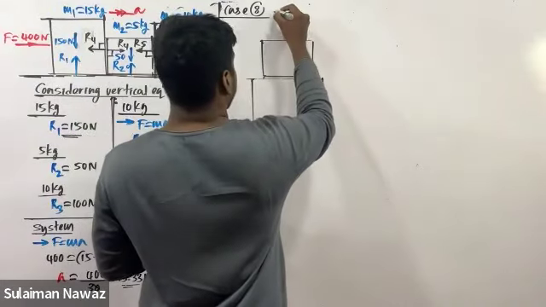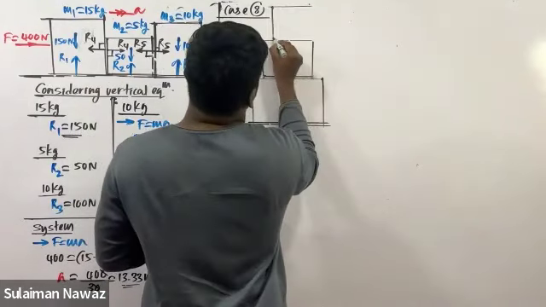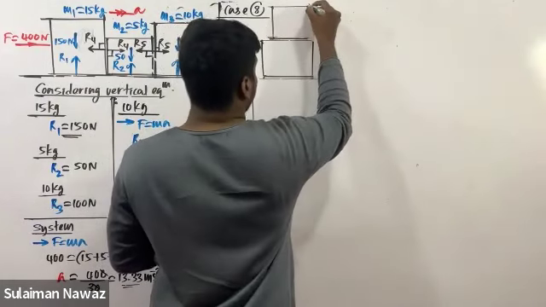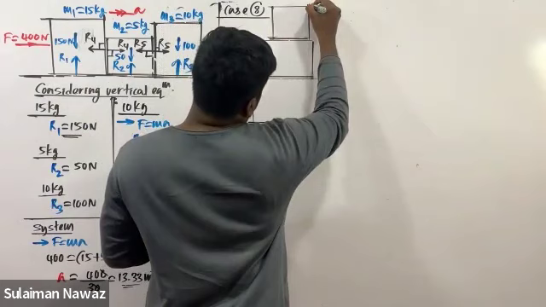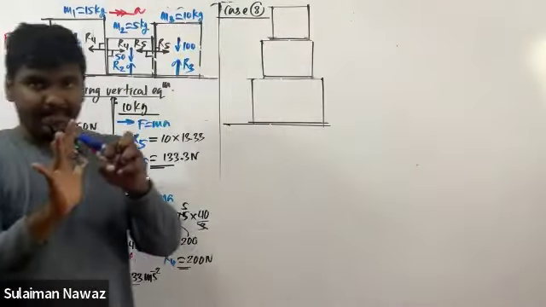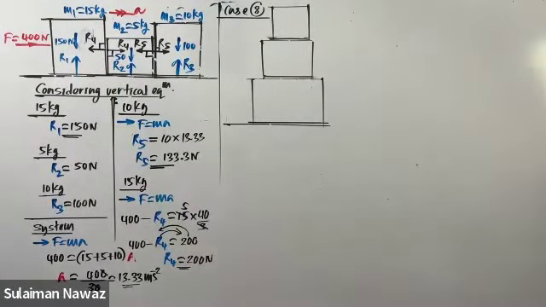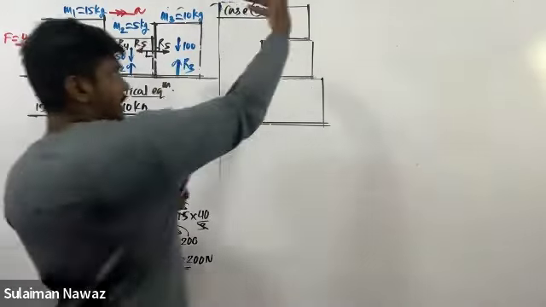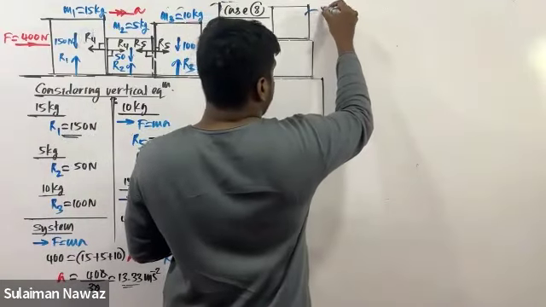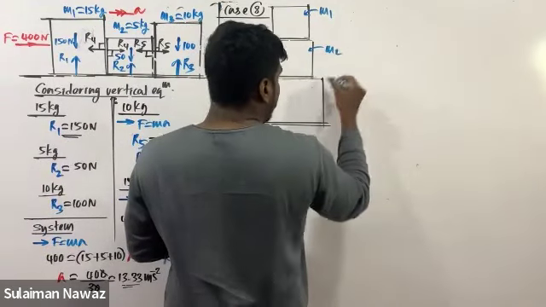The system is at rest. Let's say the mass of the bottommost object is M1, then M2, and M3.